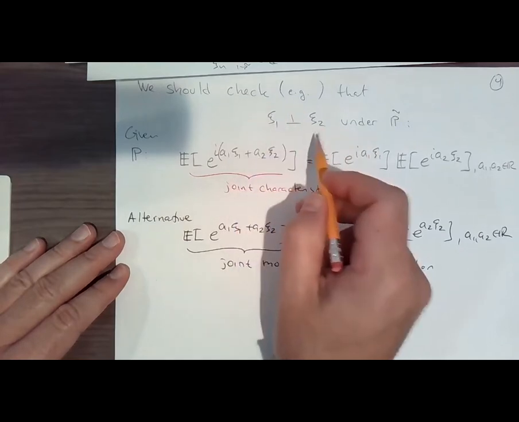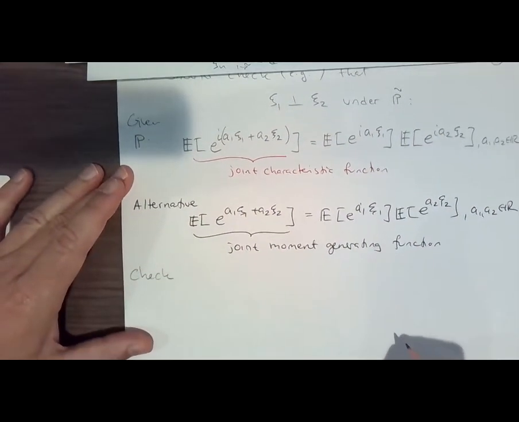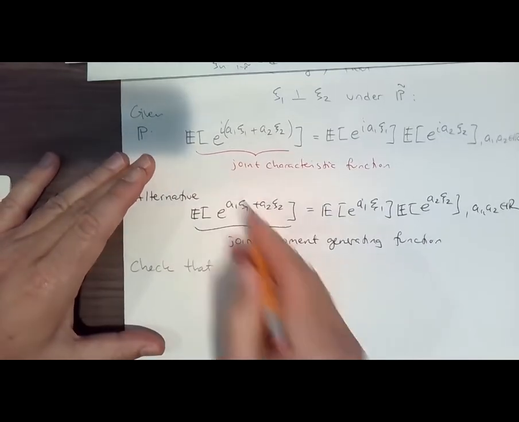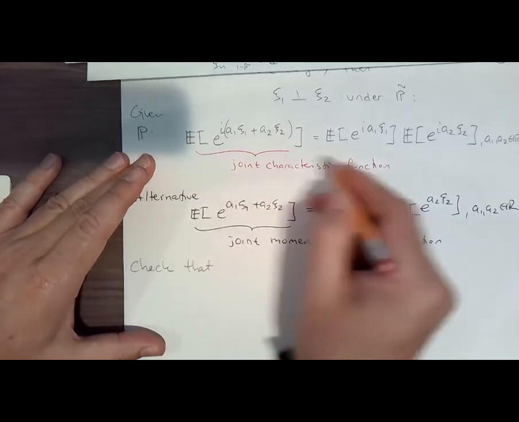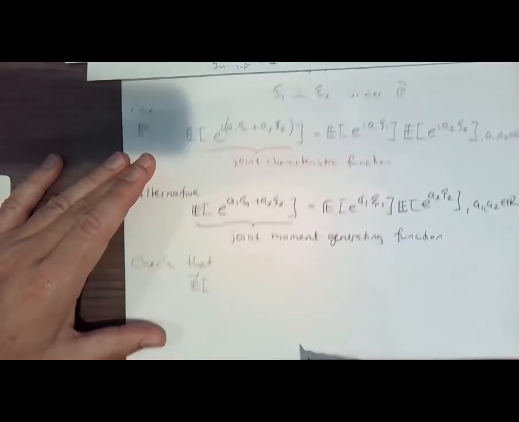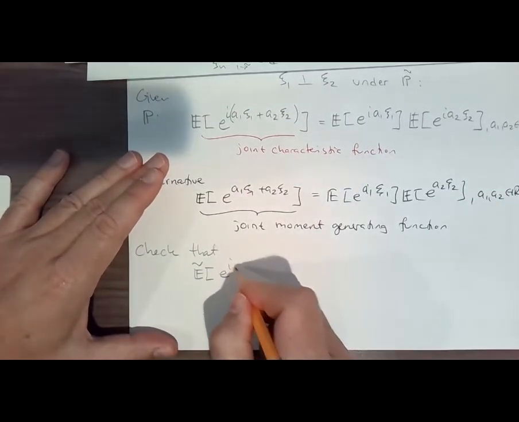But if we want to have independence on the P tilde, we need to check that the expectation, for example, if you want to do the characteristic function, that when I compute the expectation under the tilde measure, I have the same property.